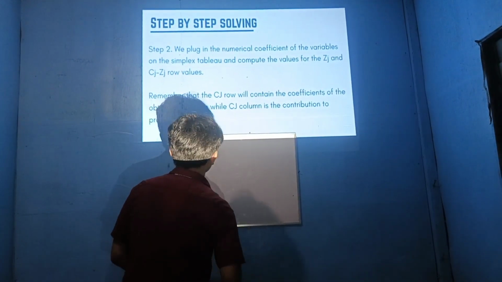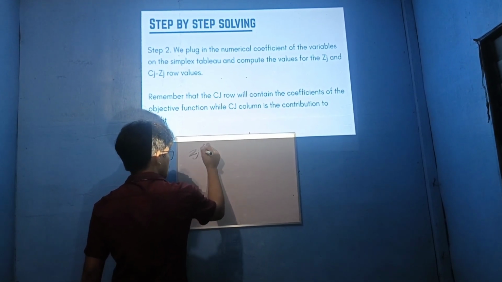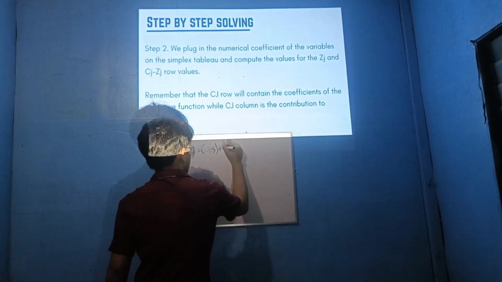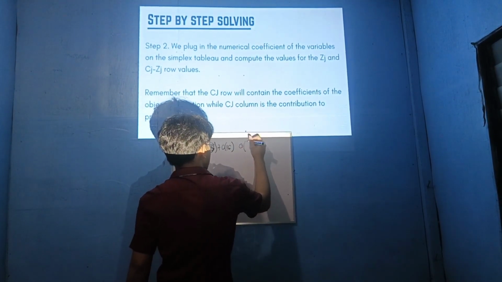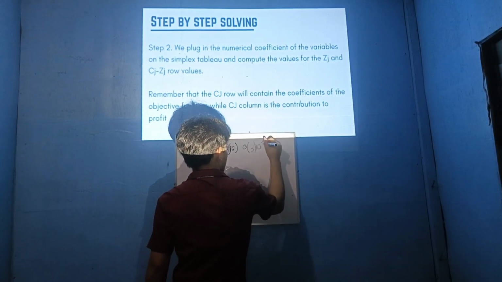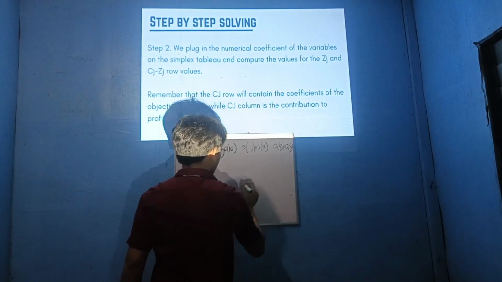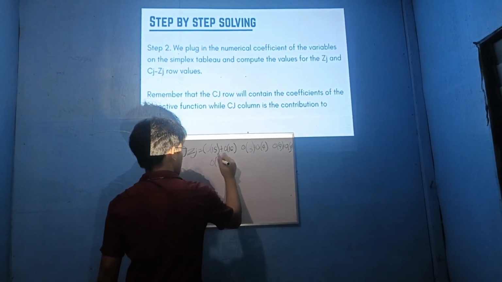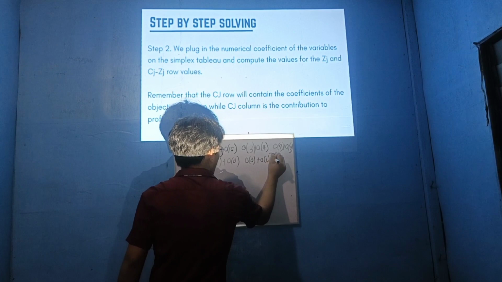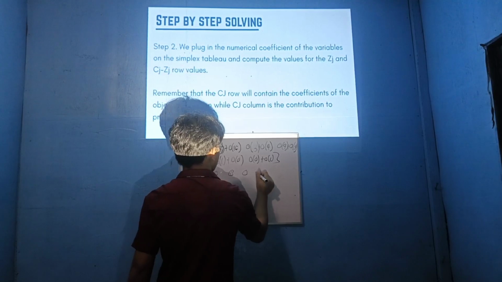To compute our zj, it is equal to 0 times 15 plus 0 times 16, 0 times 3 plus 0 times 4, and 0 times 4 plus 0 times 4, and 0 times 1 plus 0 times 0, and 0 times 0 plus 0 times 1. Our zj, as always, will be 0, 0, 0, 0, 0.